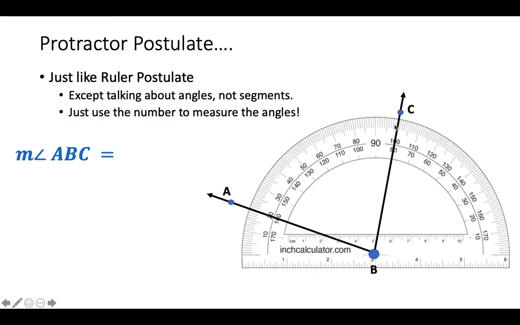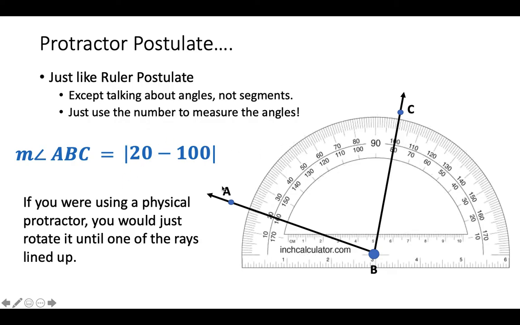So all the way to the ray BC is 100 degrees, but from 0 to A is 20 degrees. So we could do 20 minus 100, or you could do 100 minus 20. It doesn't really matter. Because my starting point is 20, my ending point is 100, 20 minus 100, and then the absolute value of that is going to be 80 degrees, right?